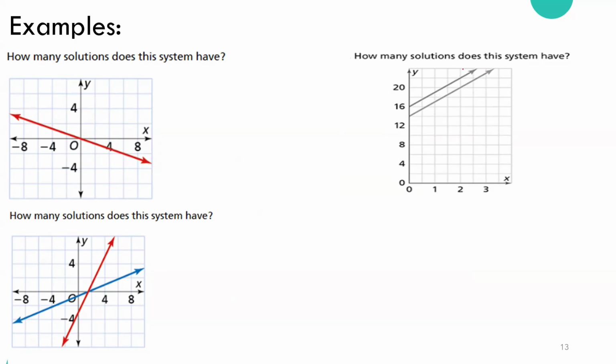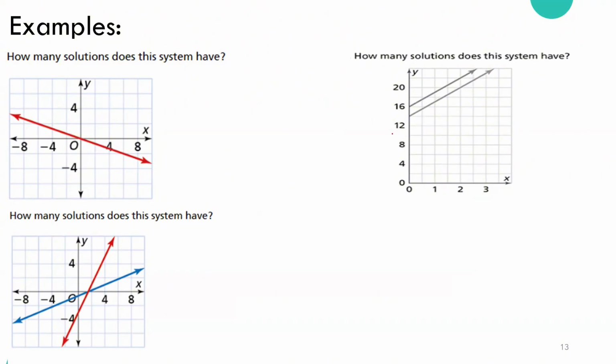Once you have parallel lines, it means that the system has no solution. And once the lines meet or cross each other at one point, the lines intersect at a point, it means that the system has what? One solution. So one line means infinitely many solutions.